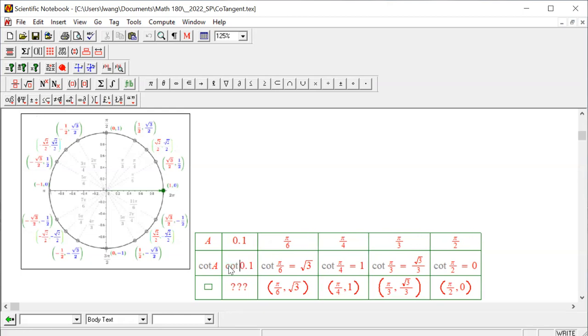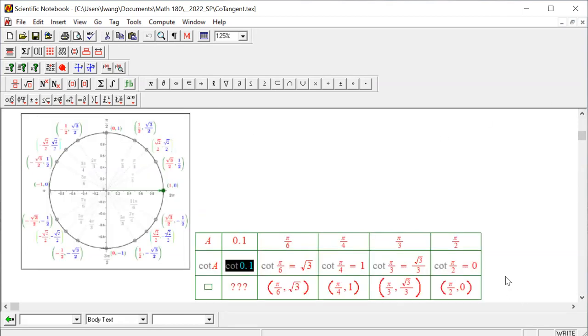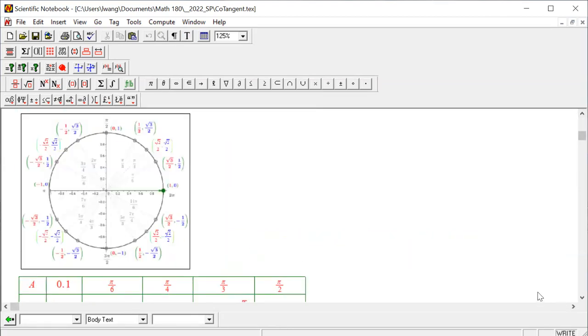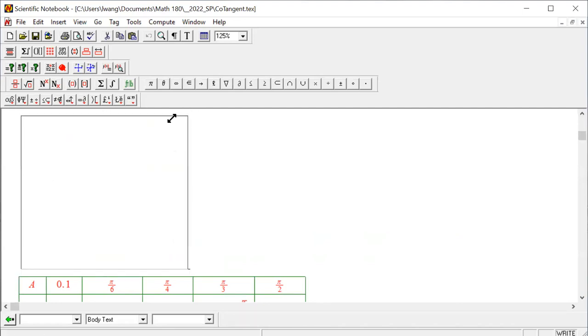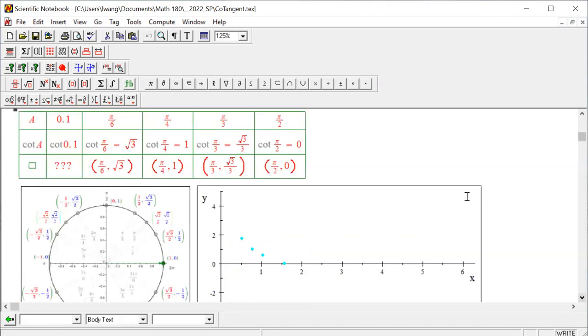What does cotangent 0.1 equal? I'm going to put it right here, and make this smaller. What is cotangent 0.1?